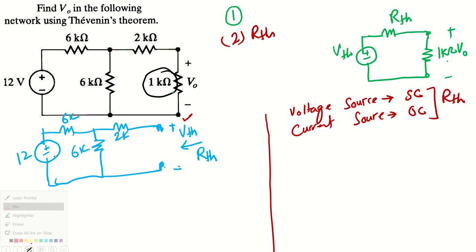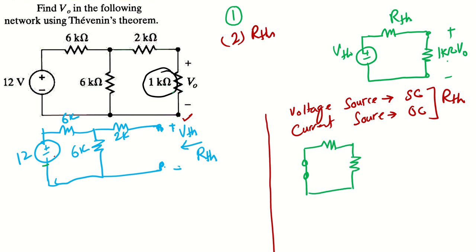So let's apply this here. We have a voltage source here, so I will make it short circuit at that point and redraw the rest of the circuit. So this is 2k, this is 6k, and this is 6k, and we want to calculate the R Thevenin from this end.